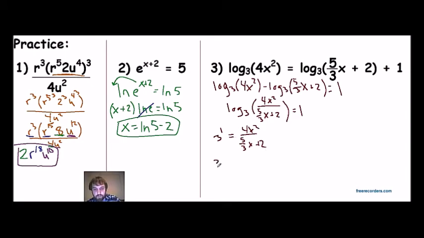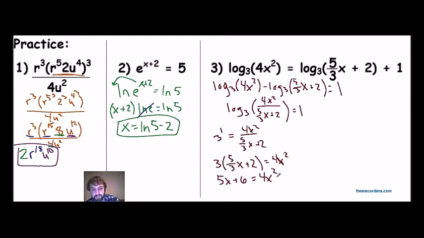So now we're going to end up with 3 times our quantity of 5/3 x plus 2 is going to be equal to our 4x squared. Okay, so distributive property tells us that we end up with 5x plus 6 equals 4x squared. Awesome. Hey, now it's a quadratic, right?